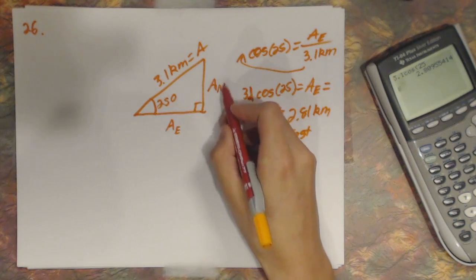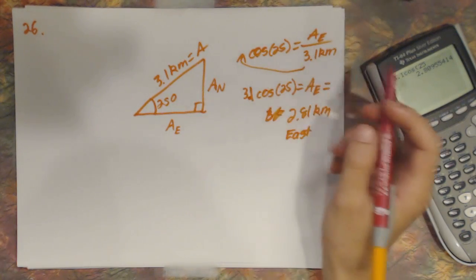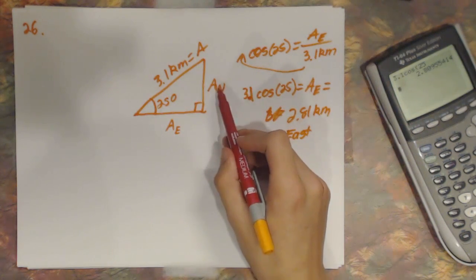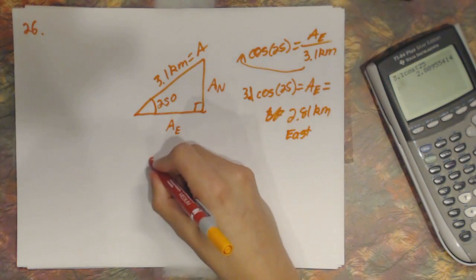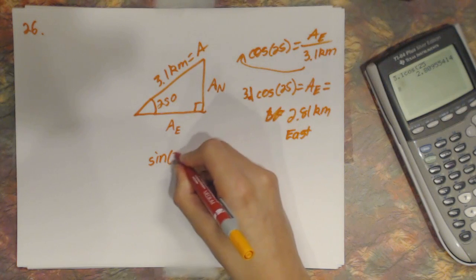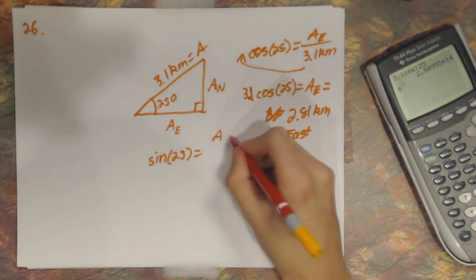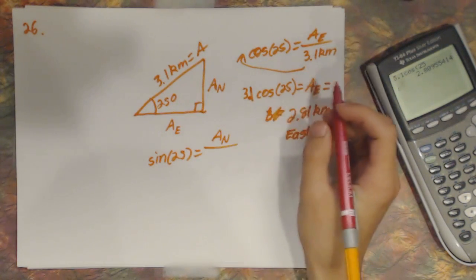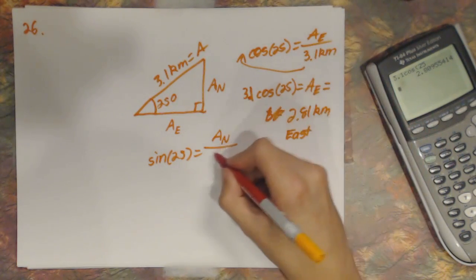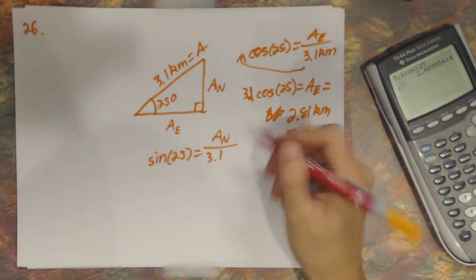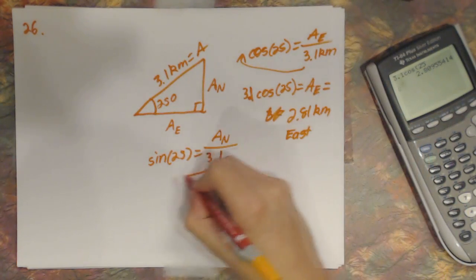Now to figure out our northern component of our vector A, we're going to use the sine, because sine is opposite over hypotenuse. So sine of 25 degrees equals the opposite side, which is our north component of vector A, over our hypotenuse, which is the magnitude of vector A, which is just 3.1 kilometers.